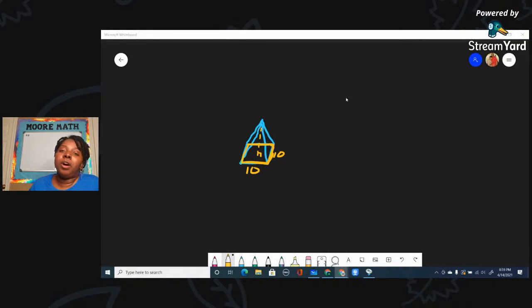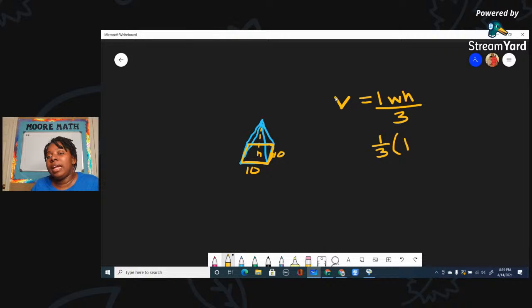So the volume of a pyramid is length times width times height divided by 3, or 1/3 of the length times width times height. What's the length and the width? The length and the width are 10.